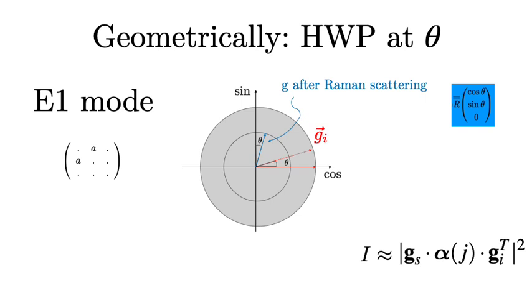Now, the effect of the half-wave plate on that particular light is to first invert the y component, which is of course at theta, and then to rotate by another theta, right? This is what we've discussed. So there is another theta right here. So now you see, very simply, that you have an angle of 2 theta.